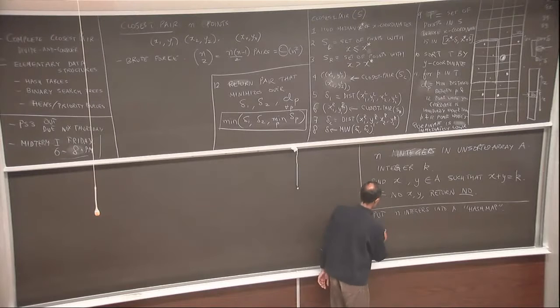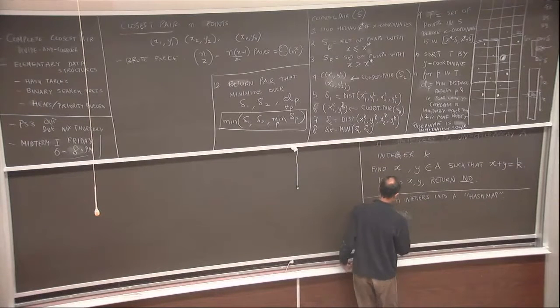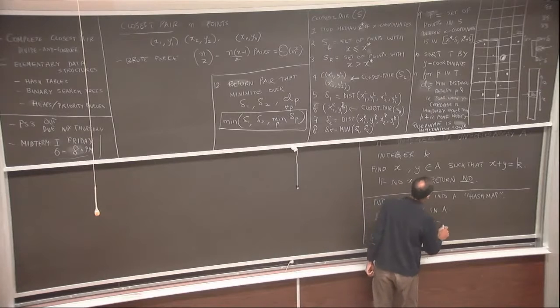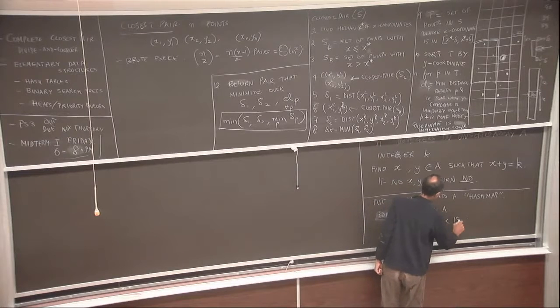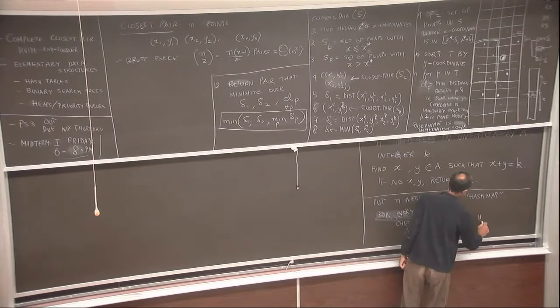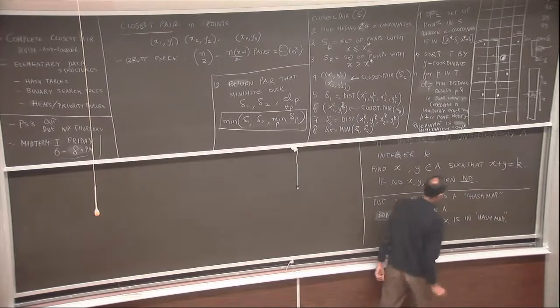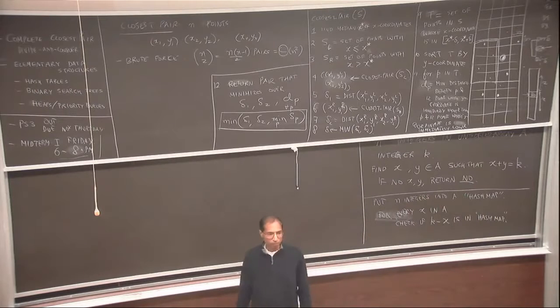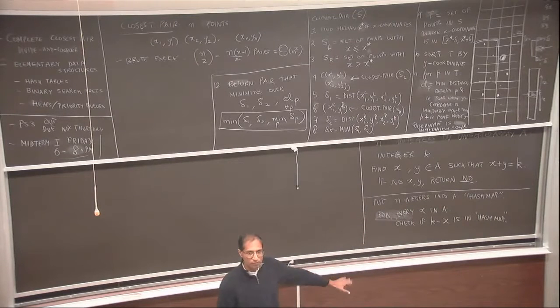Then you iterate through, for every x, check whether k minus x is in the hash map.